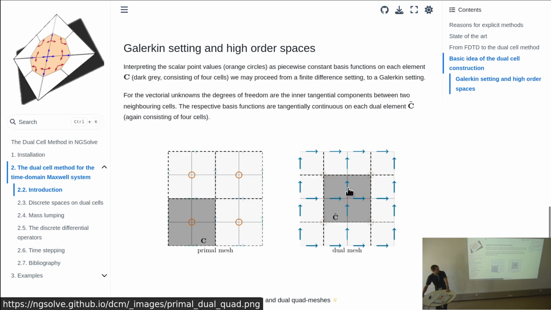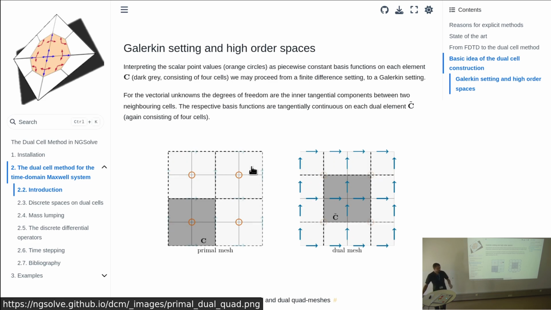So if we say the vectorial unknown is a piecewise constant vectorial function, piecewise constant in the sense that it's defined on these two cells, then these four basis functions will all have support in this large cell composed out of these four smaller cells. So we have these cells here, and we have these cells, and they again define an interlaced Cartesian grid.